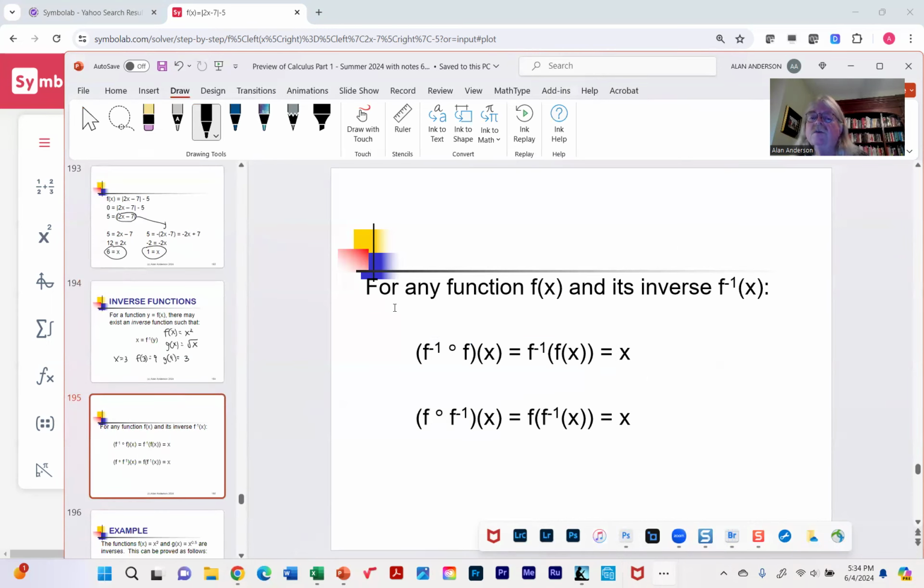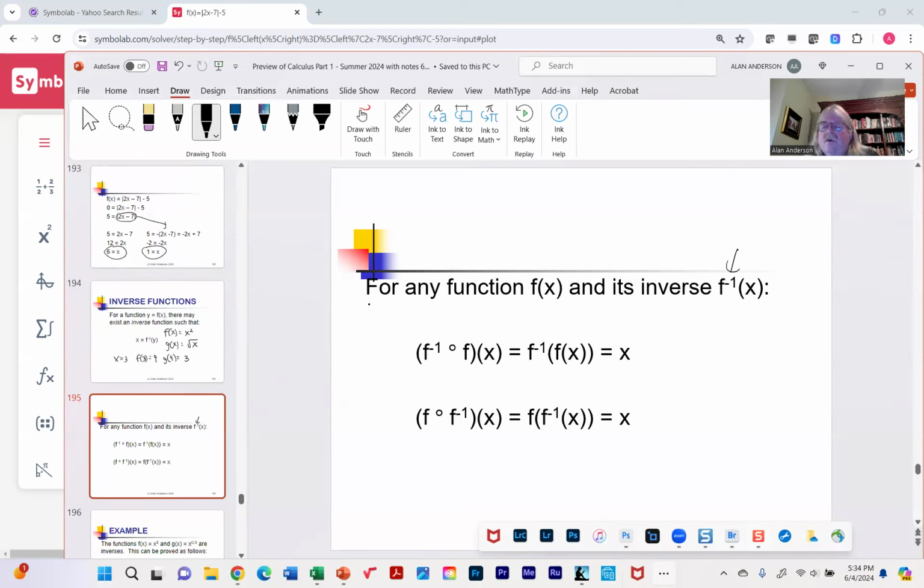And by the way, here's how you prove that two functions are inverses of each other. Also, I just want to remind you, notation-wise, this is going to refer to the inverse of f of x. f to the negative 1 is often used to represent the inverse of a function.